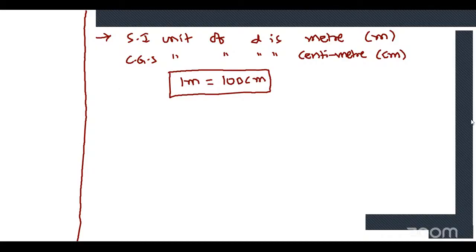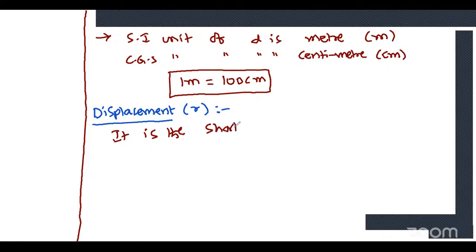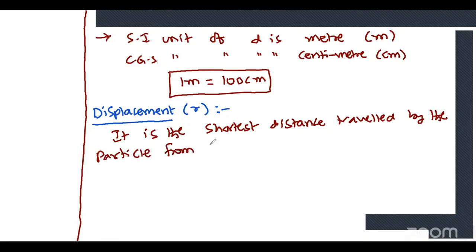Next, displacement. This displacement is indicated with r, small r, or we can also indicate it with S. Displacement is defined as the shortest distance traveled by the particle from initial position to final position.